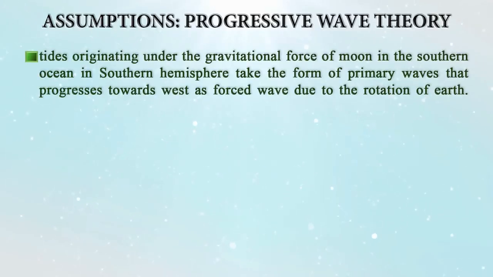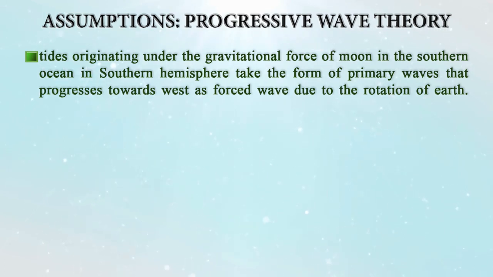You understand this? In the progressive wave theory, tides originate under the gravitational force of the moon in the southern ocean. It explains that tides are originating along the southern ocean, that is, the ocean area adjoining the continent of Antarctica, where there is continuity of oceans and it is a homogeneous area.